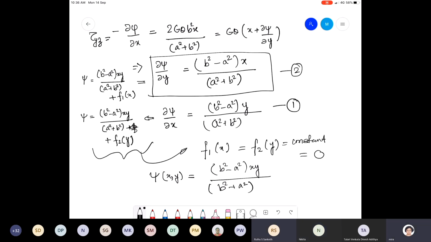No, I'm not saying constraint at the origin. I'm saying this is a constant. Now I'm saying if I consider the warping function at x and y equals to 0, that has to be equal to 0. So therefore the constant is 0. Yes, ma'am.